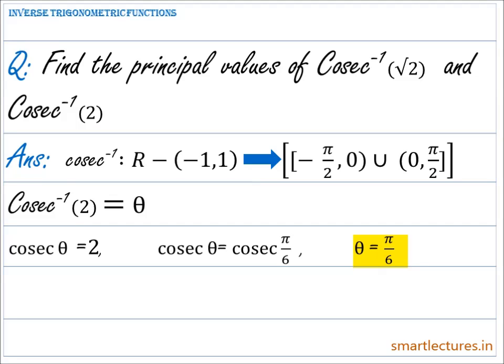But cosecant inverse 2 is equal to theta. So cosecant inverse 2 is equal to pi upon 6, and this is the principal value of cosecant inverse 2.